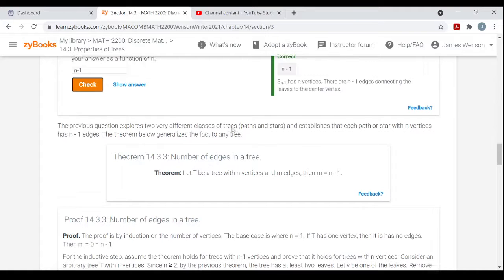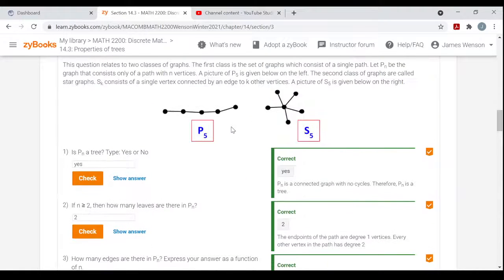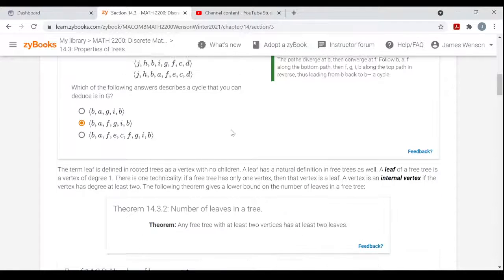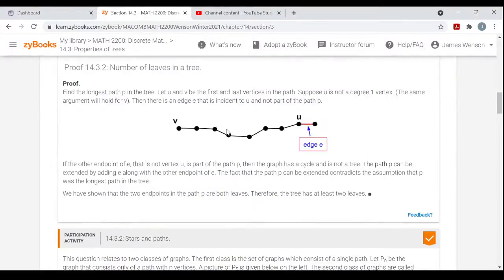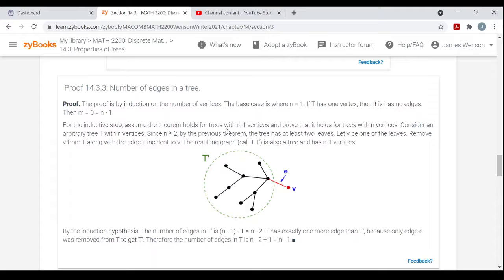This is for any tree. Right? Take 6 vertices minus 1, 5 edges. 5 vertices minus 1, 4 edges. Any tree. Well, there's not really a lot of trees in this one. But any tree has this relationship.